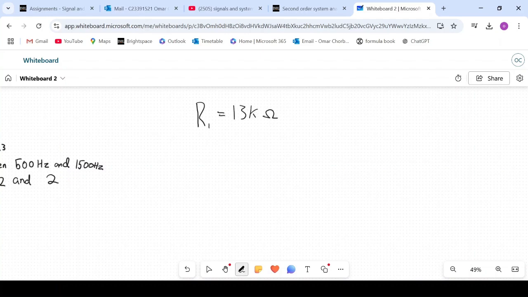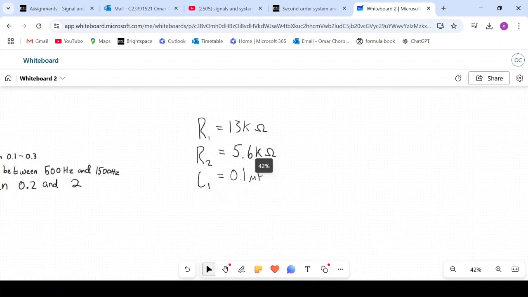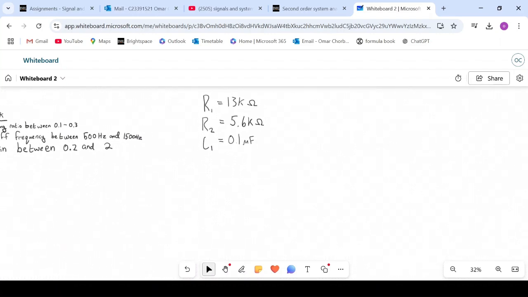So we figured out that our first resistor will be 13 kilo ohms, our second resistor will be 5.6 kilo ohms, our first capacitor will be equal to 0.1 microfarads, and our second capacitor will be equal to 0.0033 microfarads.